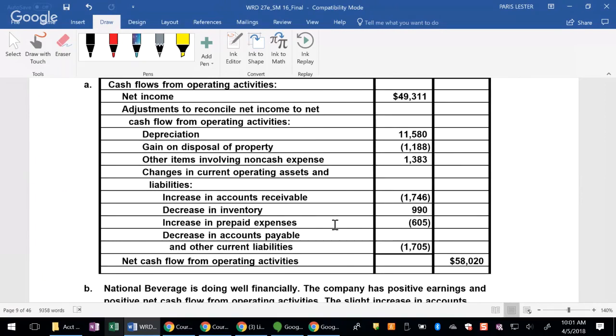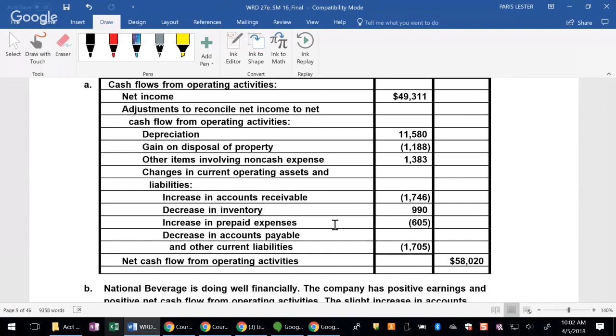You've got net income. You add depreciation. A gain, we minus. Don't ever forget that. And a loss, we plus. Other items involving non-cash expenses, plus changes in liabilities. Increase in accounts receivable, tying up money; decrease in inventory, receive money; paid out more money for prepaid, and we paid out some on our liability.